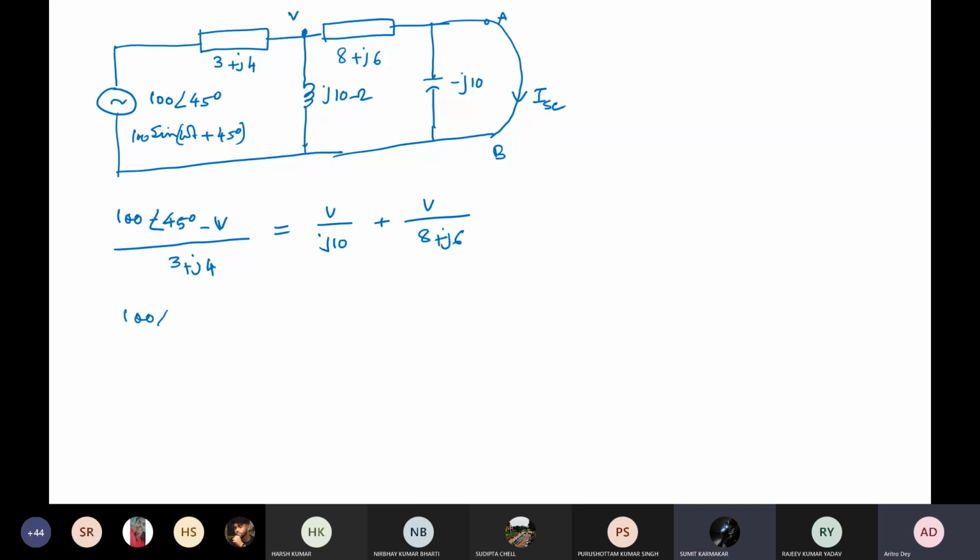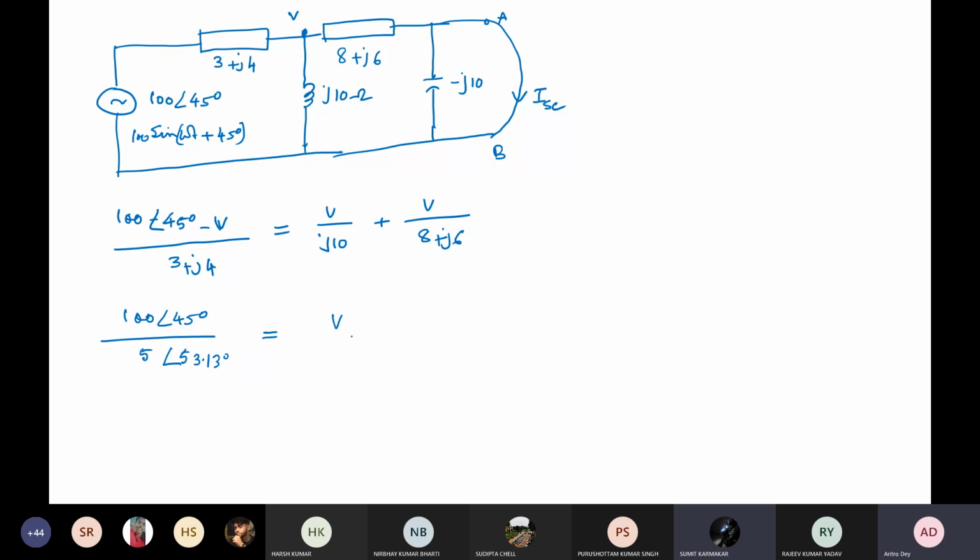So 100 by 45, this is 5 angle, I forgot the angle, maybe 36 or something. So it is polar 3 comma 4, it is 53.13, and this side it will be V by this.